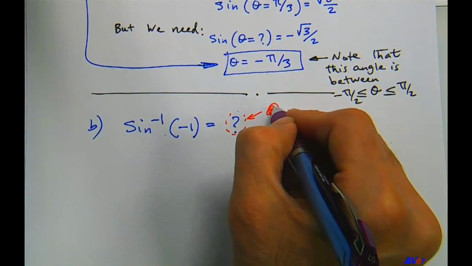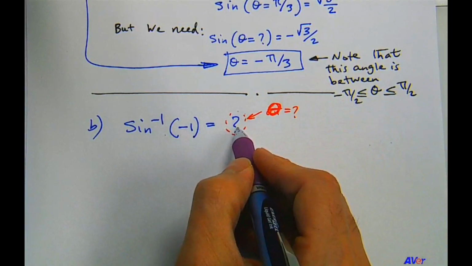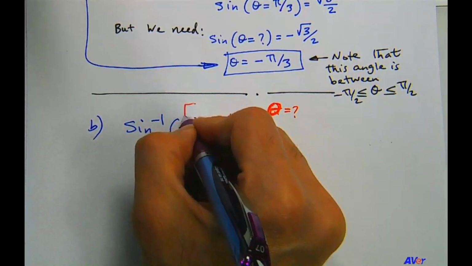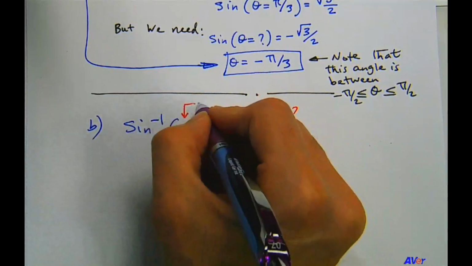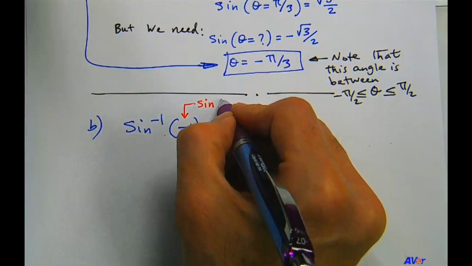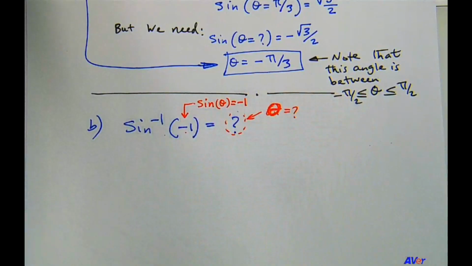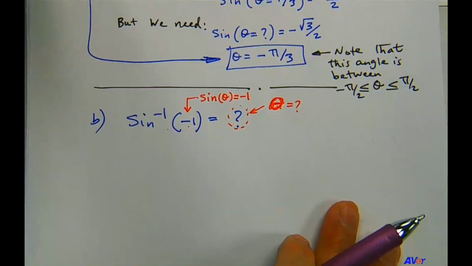Let me write it as angle theta. It's a theta that we're looking for on this side. Because it's part of an inverse sine, it means that sine of some angle theta must be equal to -1. That's what it means.